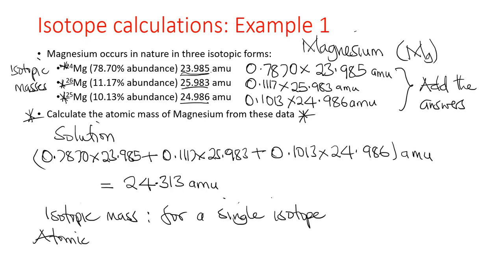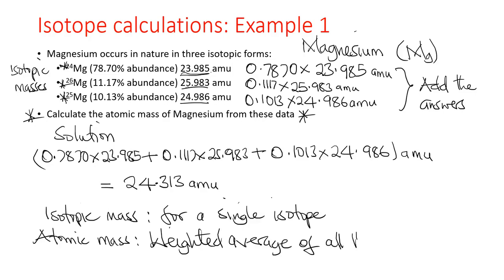Atomic mass is the weighted average of all the, I'll just say, plausible isotopes that will make sense in the calculation.